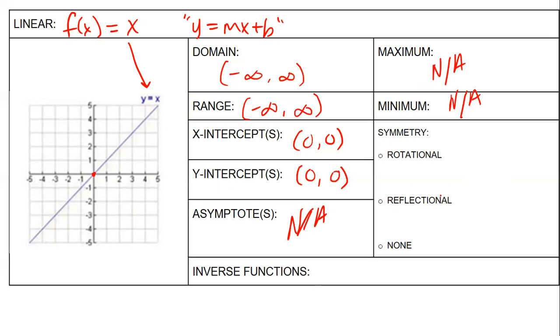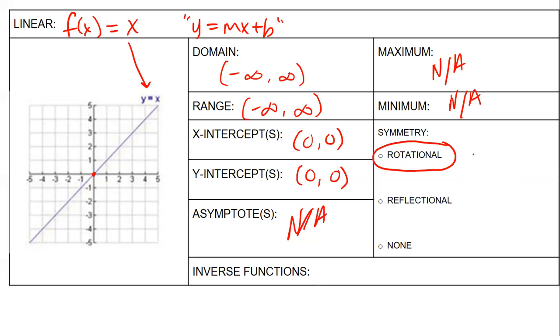What type of symmetry do you think exists? It's rotational. If I was to rotate this 180 degrees, it would look the same. The other one technically, no, because it would be in the other quadrants. But if I rotate this one 180 degrees, it would be exactly the same.